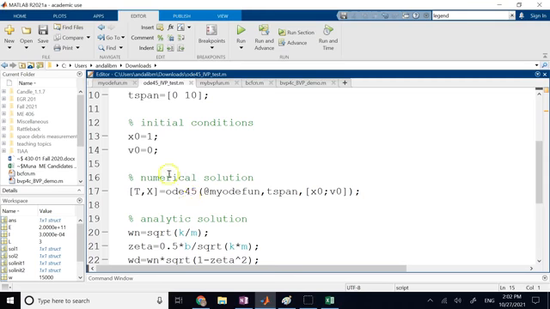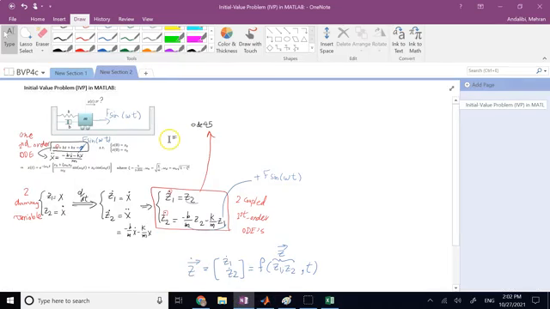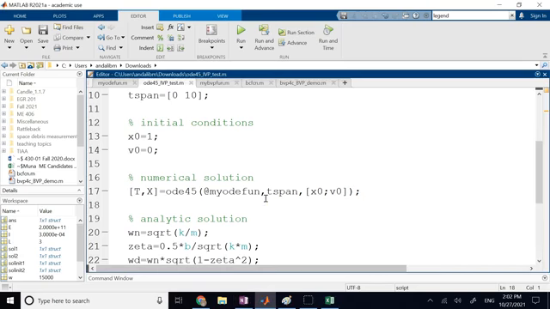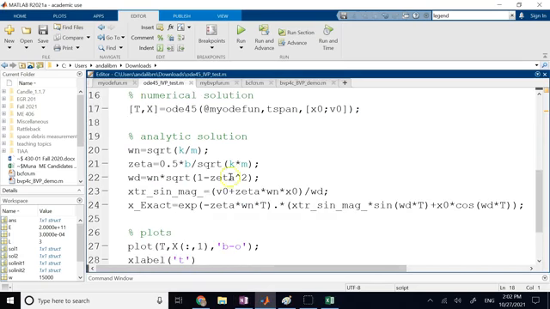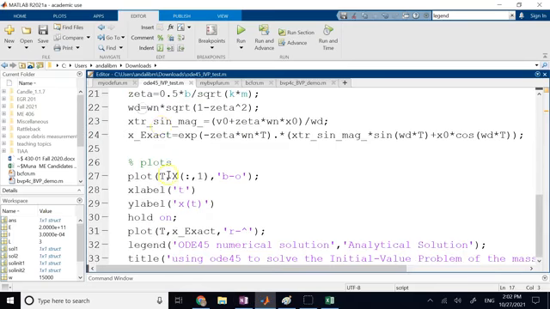The first column is all of the values of your first dummy variable, z1 or x, the position, and the second one is all of the values of z2 or x dot, the velocity. So if you want to plot the position versus time, you plot t versus the first column in x, and that's the position. If you plot versus the second column of x, that's velocity versus time.